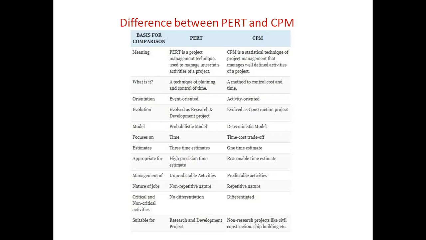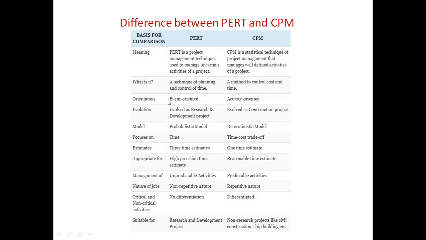Whereas CPM, along with controlling the time of execution of the individual activity as well as the entire project, also controls the cost. So in the cost analysis of network analysis in project management, the CPM technique is used. There is a bit based on this cost analysis in this chapter. We'll discuss it later on.